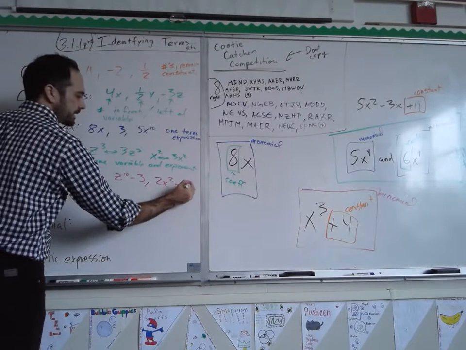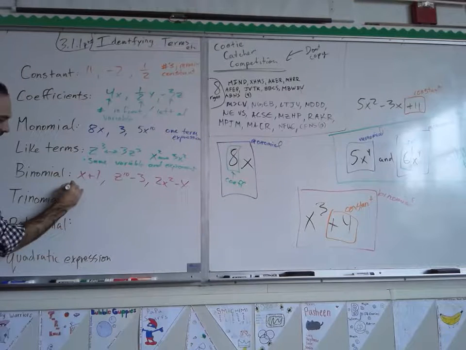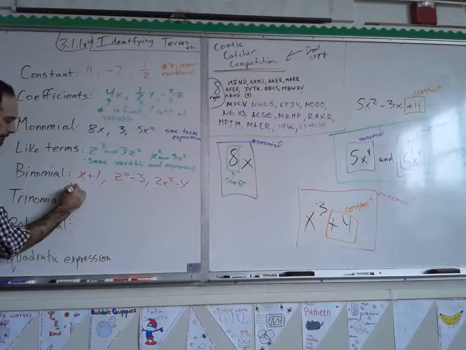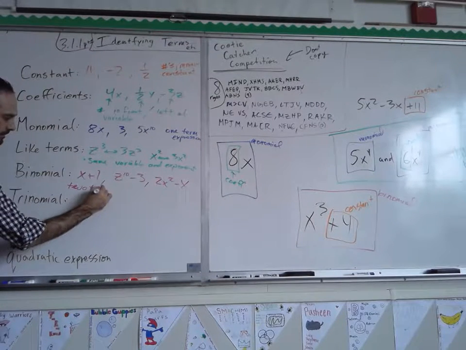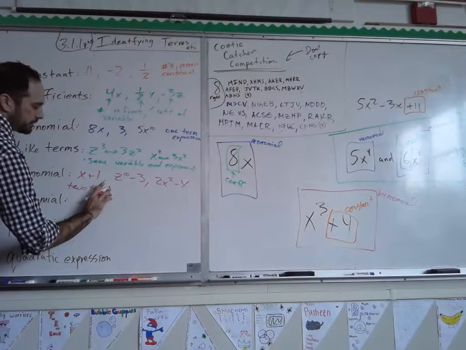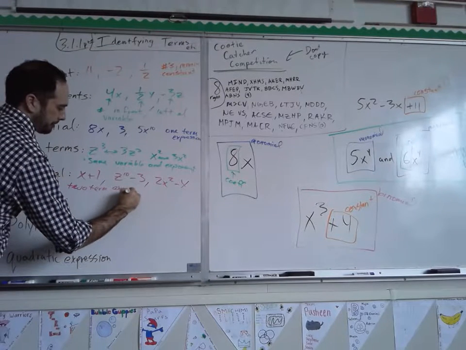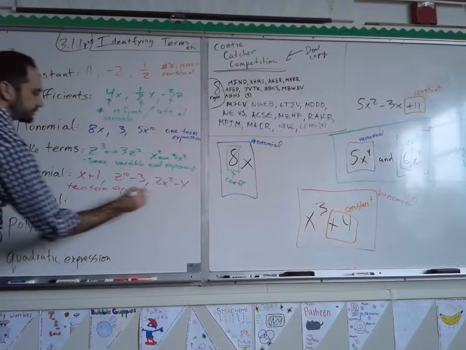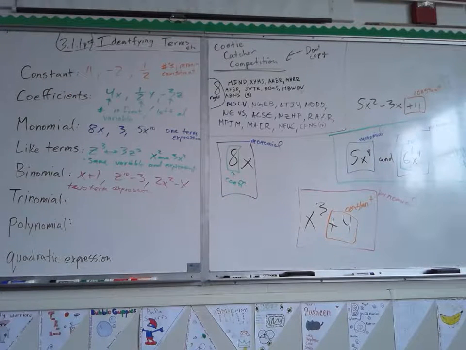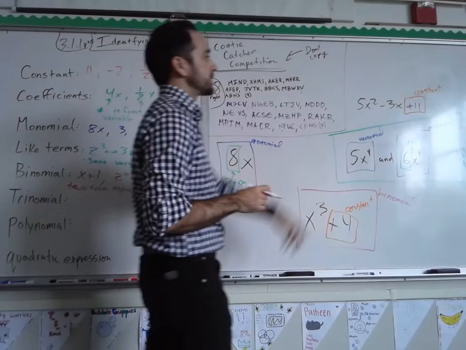So this is just a two-term expression. Again, expression is when there's not an equal sign. It's not an equation. These are all expressions. There's no equal sign, so you have nothing to solve. We can just factor it.